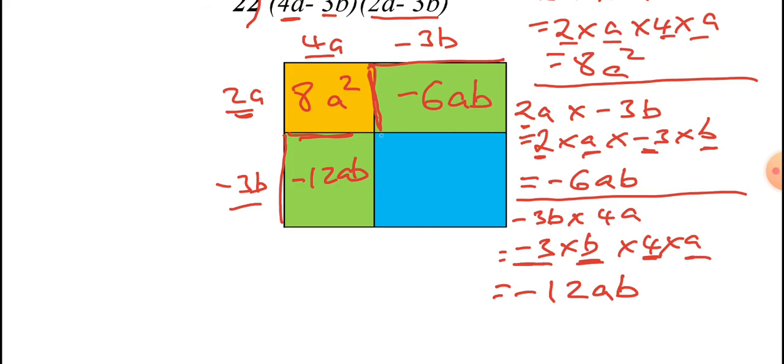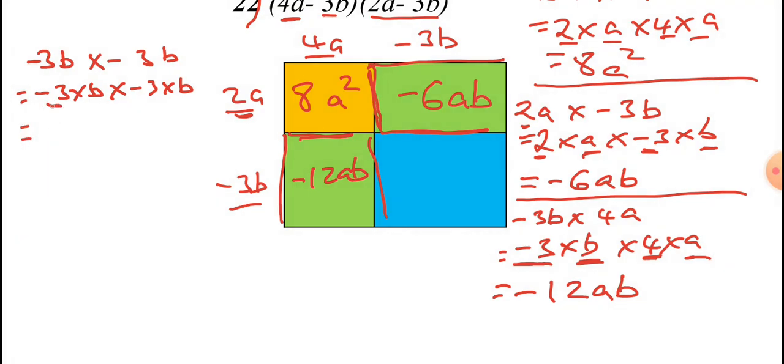And now finally here I can see minus 3b there times minus 3b here, so a bit of side working here. Minus 3b times minus 3b is the same as saying minus 3 times b times minus 3 times b.